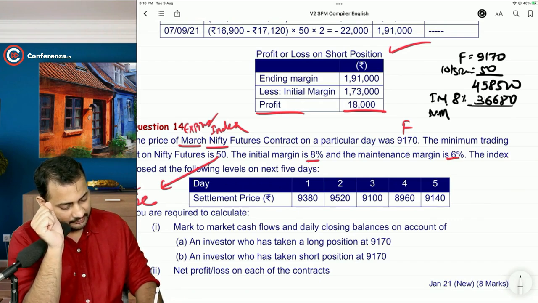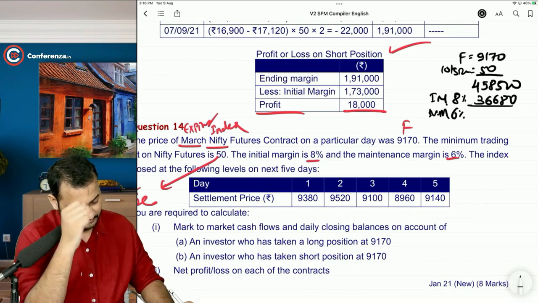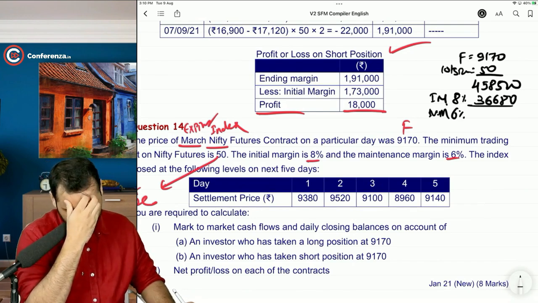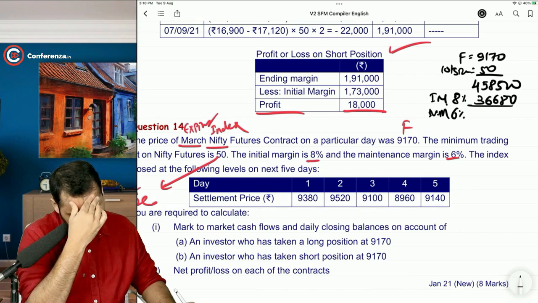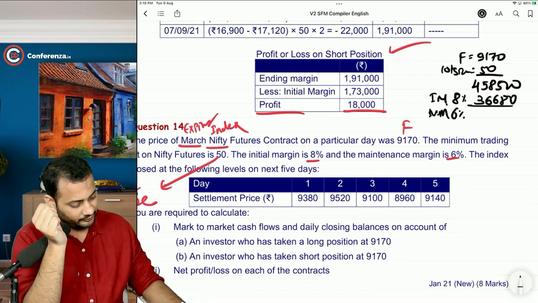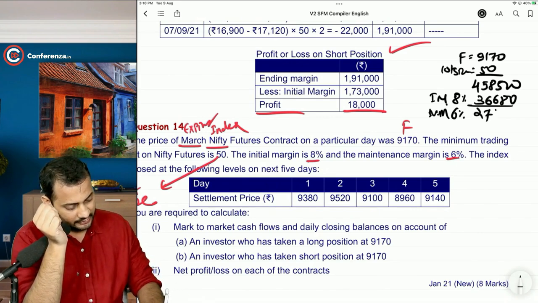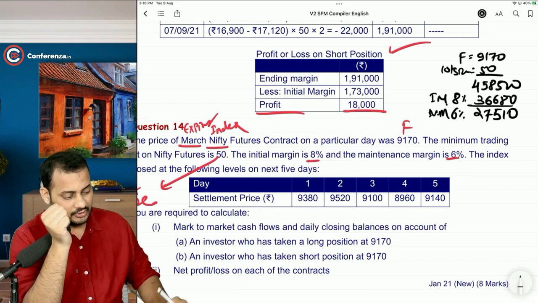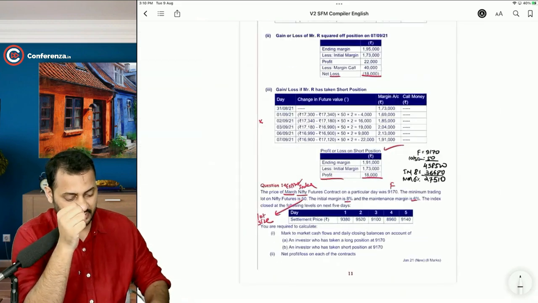And the maintenance margin is 6% of the total, not the initial margin, it is of the total. So 458,500 into 6%, 27,510. So please understand the difference.